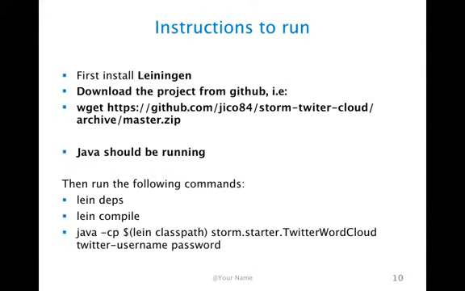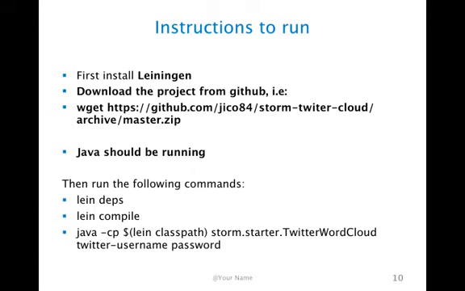And finally, the instructions to run the project. First of all, you're going to need Lein, which is sort of the equivalent of Maven for Java. You can download the project from GitHub using a command, for instance, wget. Java should be installed.